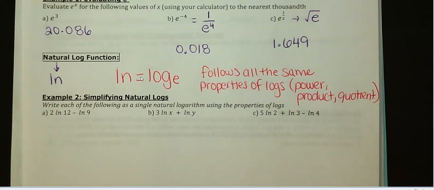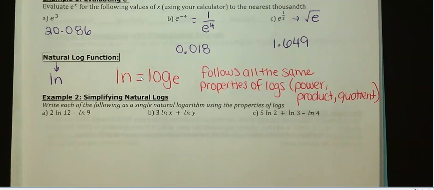All 3 of those properties. Power, if you have product, that's like adding, we squish it together with multiplication. Quotient, if you have subtracting, you can squish it together with division. So it follows all these same properties. It just looks a little different in the problem because it's going to say ln instead of log.